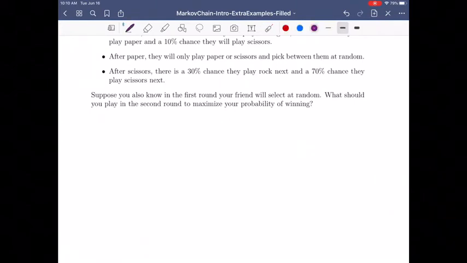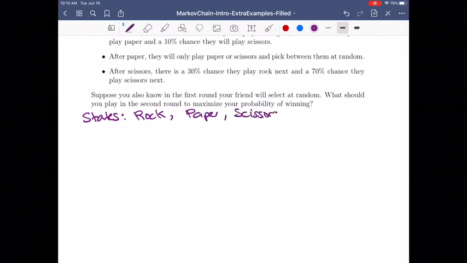So we want to figure out what they're likely to play. So the states here are going to be rock, paper, or scissors. I'm going to call these R, P, and S. Now the transition matrix, let's call it T so that I don't use P twice.